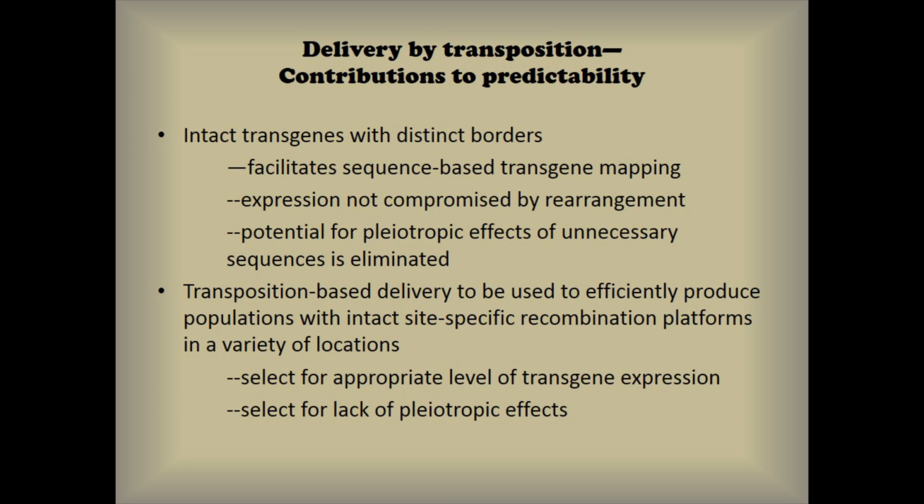And then these kinds of lines could be characterized for their performance and basically form what you might call founder lines, lines that we can use for a variety of experimentation. And so we think this can help us in the future work with our transgenic barley and have much more predictable products from our laboratory work.